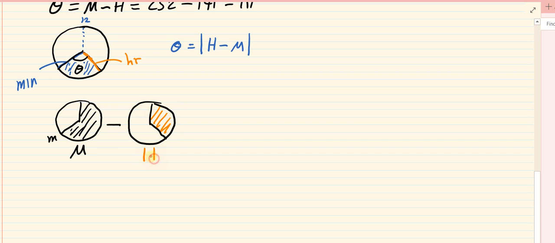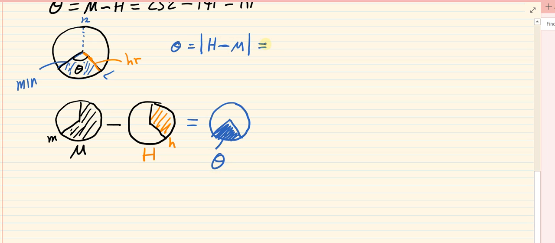If I subtract H from it, then I'm going to get what's in here, right? By superposition, I'm going to get the measure of the angle. There you go, that's what theta is. So that's why that formula works. And again, I need the absolute value of it because you can measure the angle from the minute to the hour hand or from the hour to the minute hand. We don't care about direction, we just want the measure of the angle.